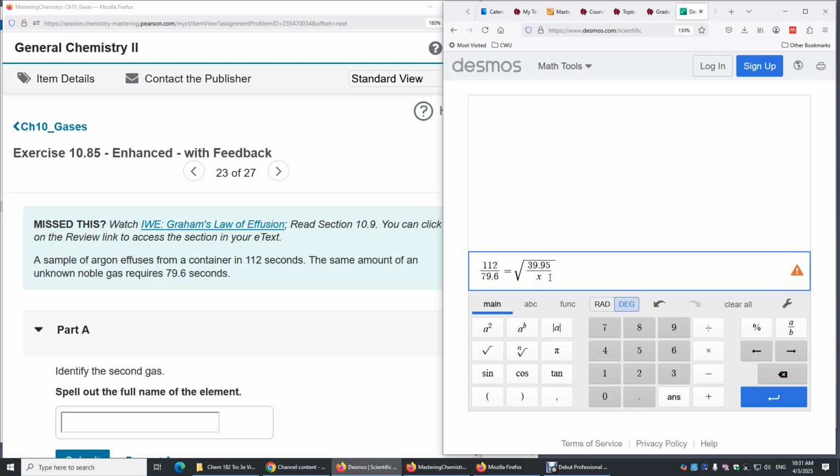How do we solve for X? We need to have this squared. Alright, so we square both sides.